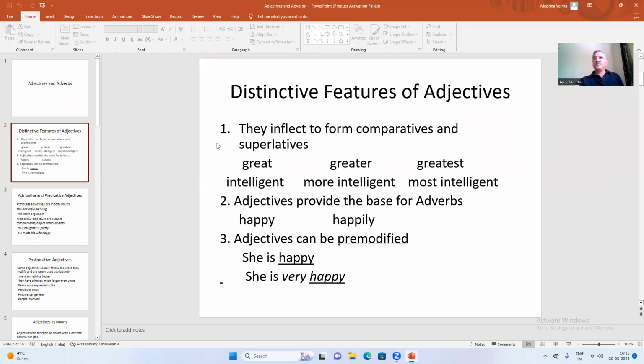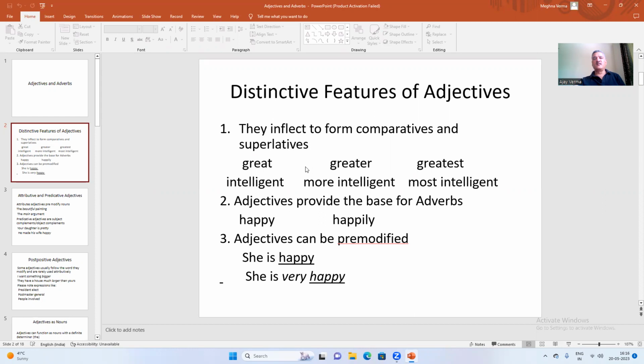So, adjectives are characterized by this kind of gradability. They have comparative forms and superlative forms. Great, greater, greatest.